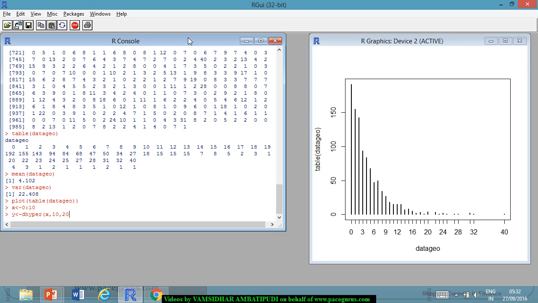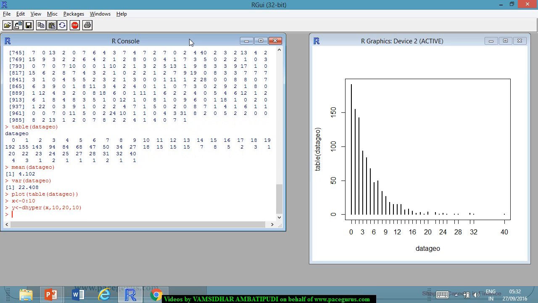Overall there are 20 failures in the data, and the sample size that I am pulling is also 10. So I really want to find out the values of y.